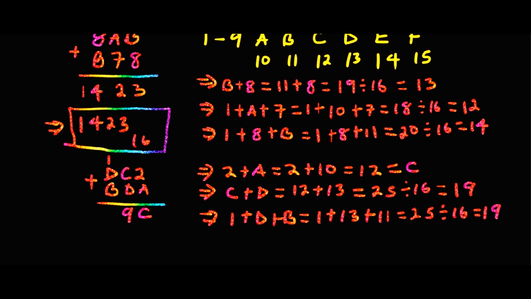So you have 1, 9. Because there's no other number to the left, you just write 1, 9 the way it is, so that your answer is 199C base 16. So that is the answer for the second example.